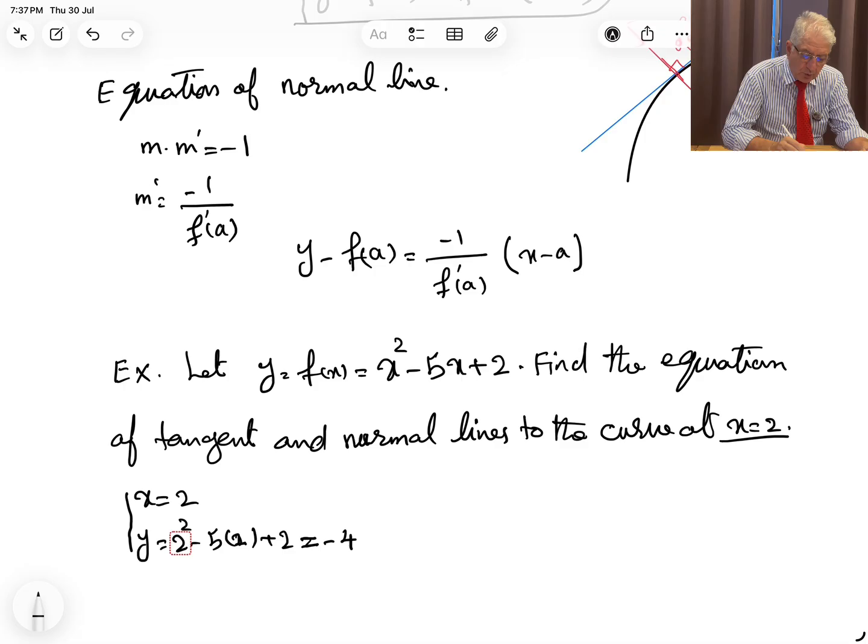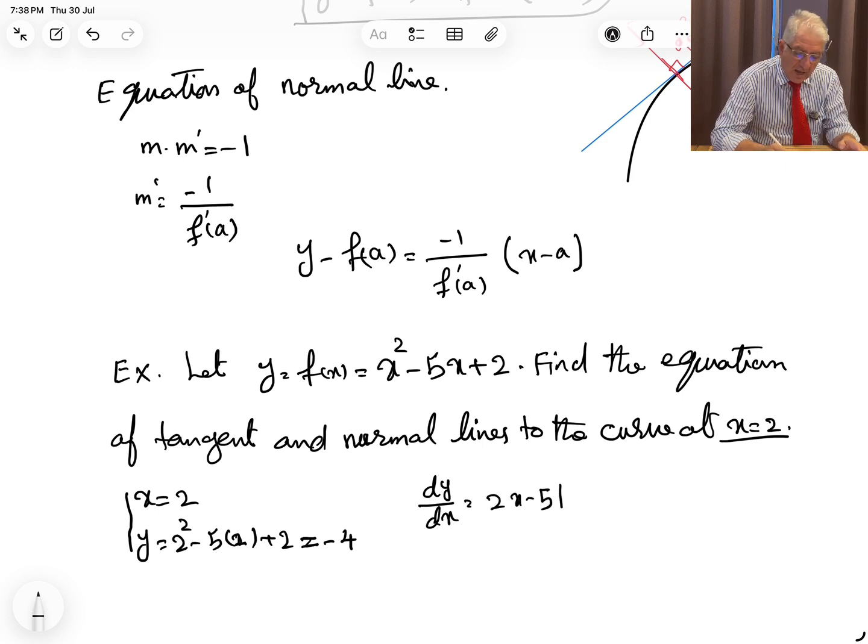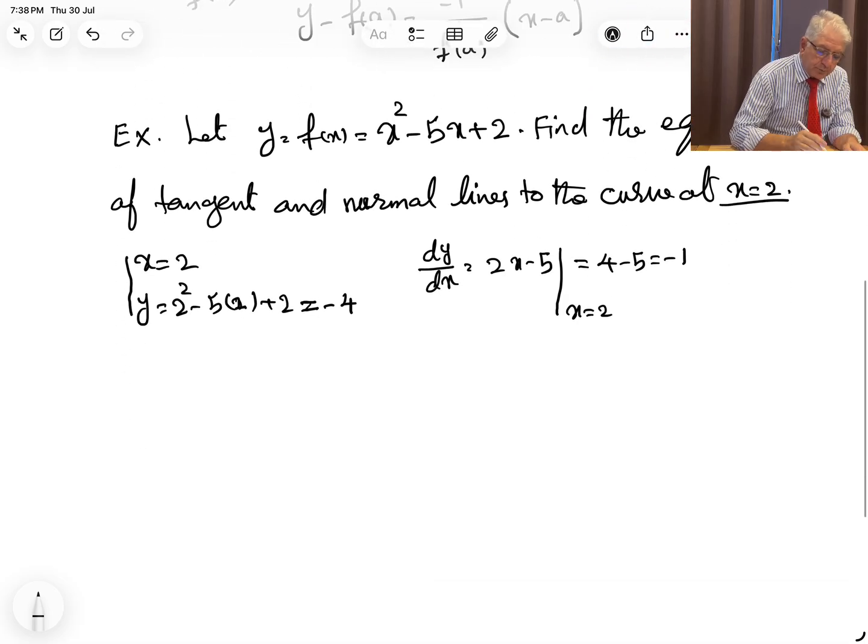Therefore, the point is 2 and negative 4. Now, let us see what is dy by dx. dy by dx is equal to 2x minus 5. So, at x equal to 2, the value of that is 4 minus 5, which is negative 1. So m is equal to negative 1.